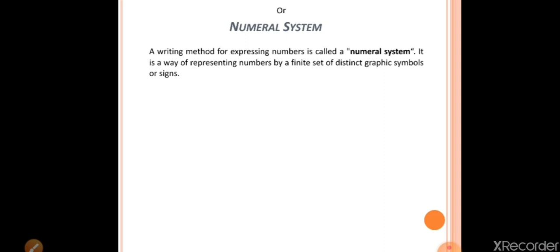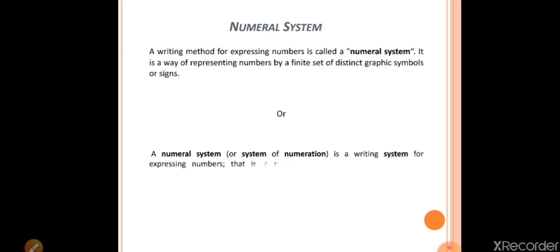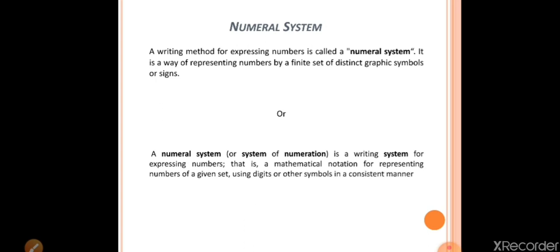One more definition: a numeral system, or system of numeration, is a writing system for expressing numbers, that is, a mathematical notation for representing numbers of a given set using digits or other symbols in a consistent manner.